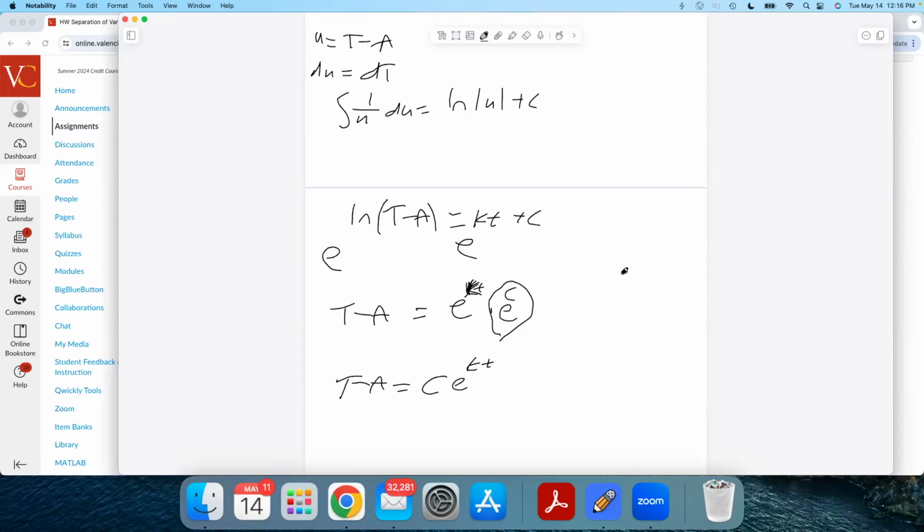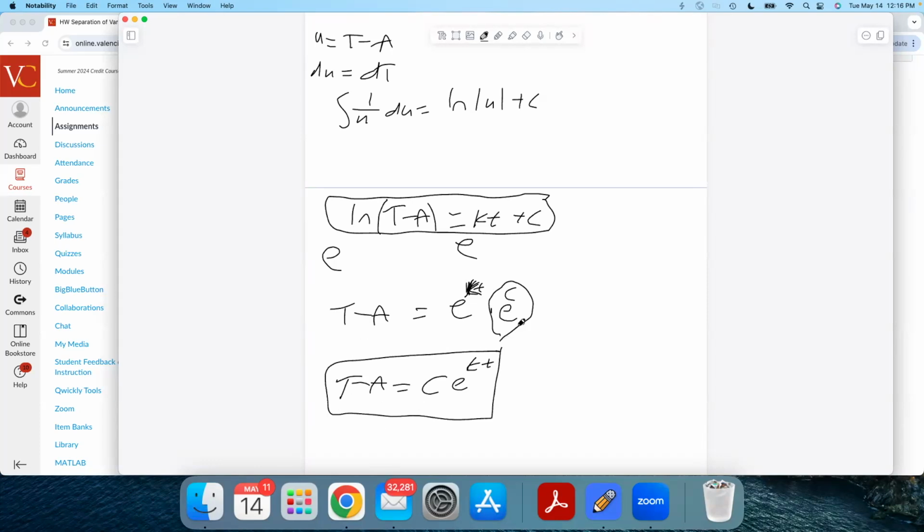If two different people solve an initial value problem and one person uses this implicit solution and another person uses this explicit solution and solves the IVP, you're going to disagree on what you call C. You're going to have different numbers written there and there. But if you both write it in this form, you're going to get the same answer.